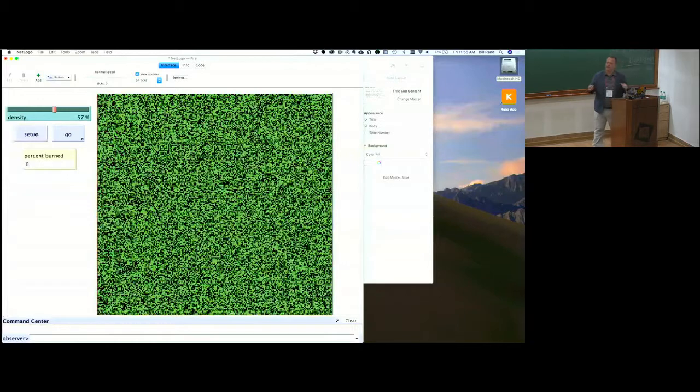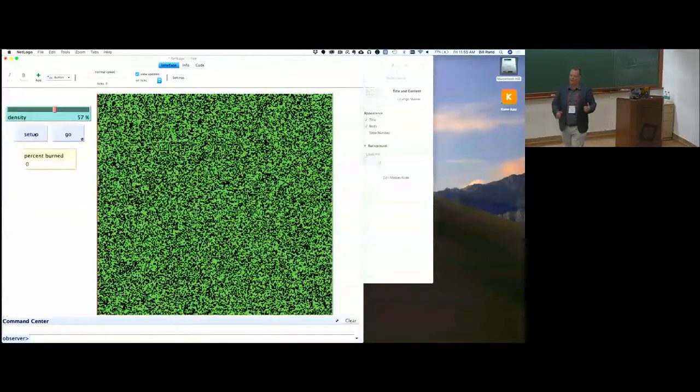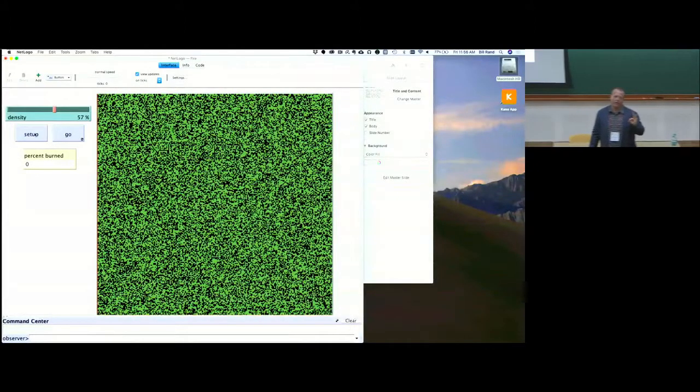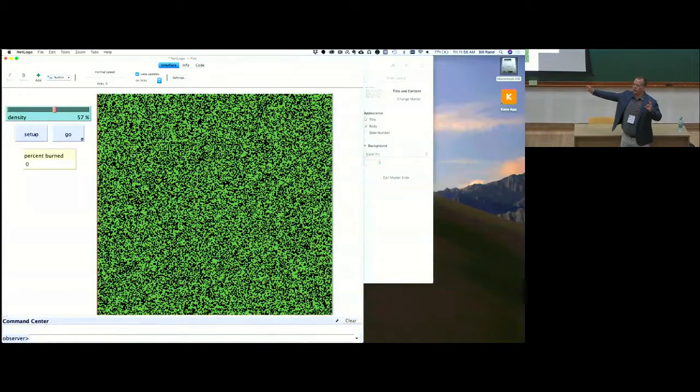If you were to run this model many, many times, from 0 to 57%, there is almost a 0 probability that the fire will go from the left side of the screen to the right side of the screen. From 62 to 100%, there's almost a 100% probability that the fire will get from the left side to the right side. So this is clearly a phase transition or a tipping point.